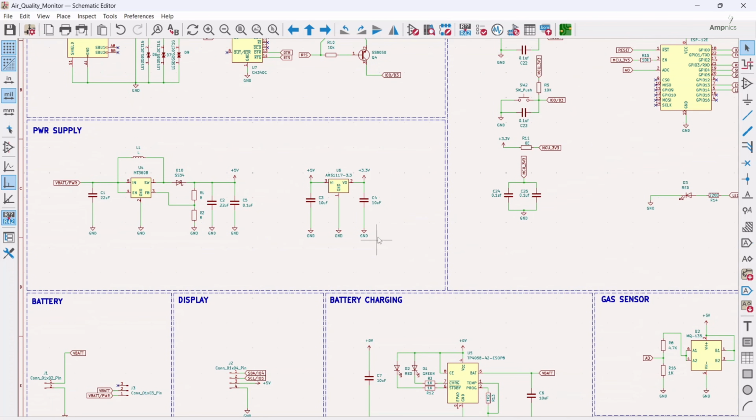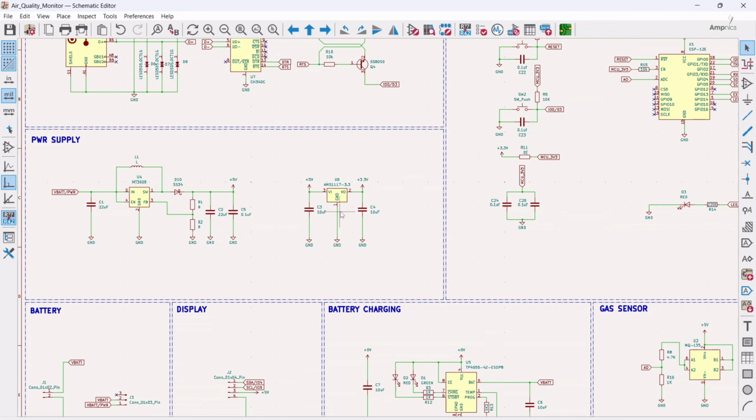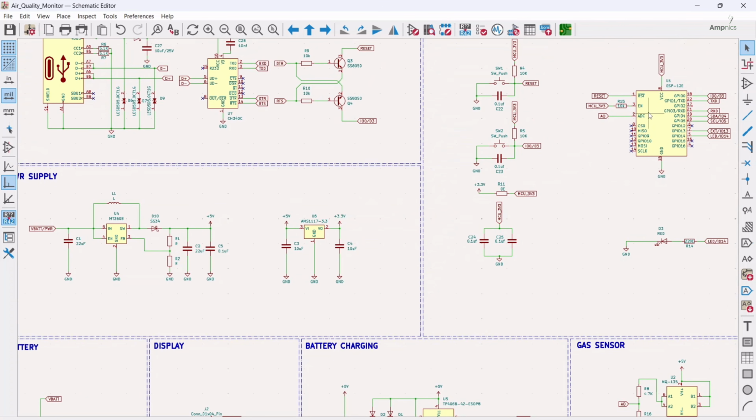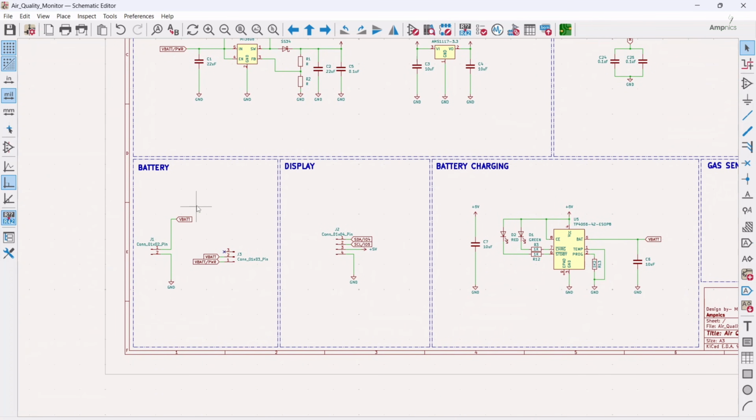Then we have a voltage regulator or LDO, low dropout output voltage regulator. So mainly this is responsible for converting the 5 volt into 3.3 volt because the microcontroller works on 3.3 volt. Then we have a battery section.